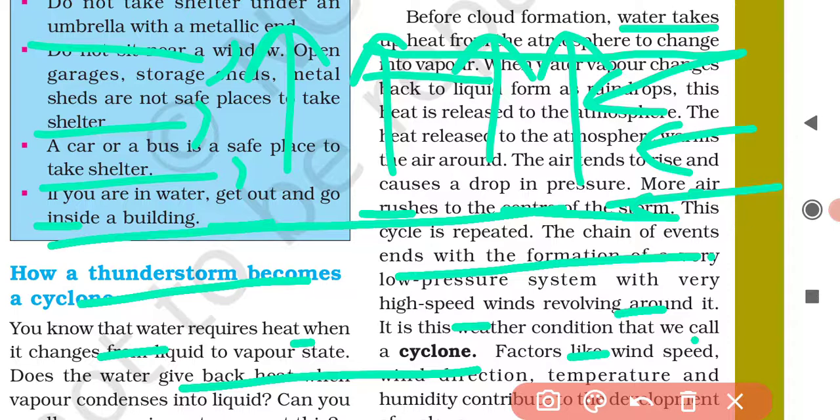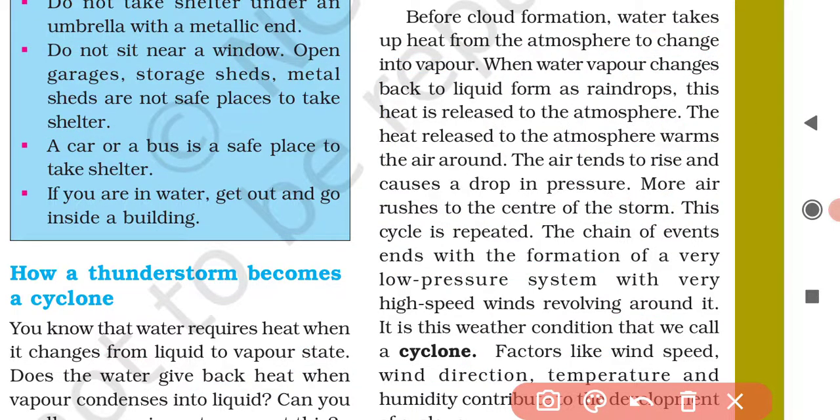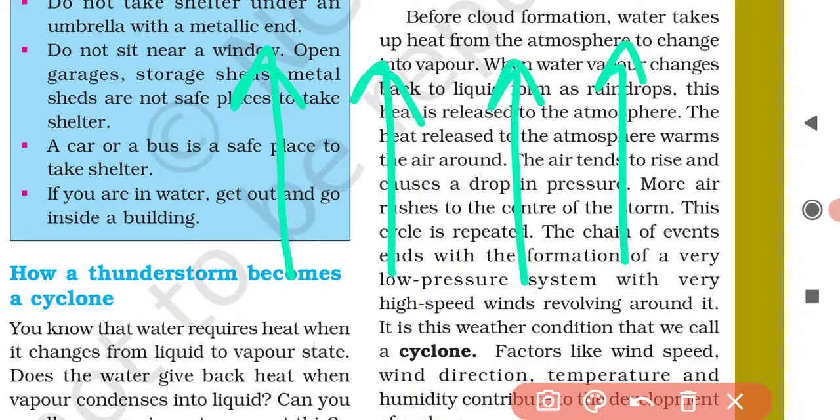So when water changes back to liquid form as raindrops, this heat is released to the atmosphere. That means the warm air which has risen up from the sea water also contains water vapor.